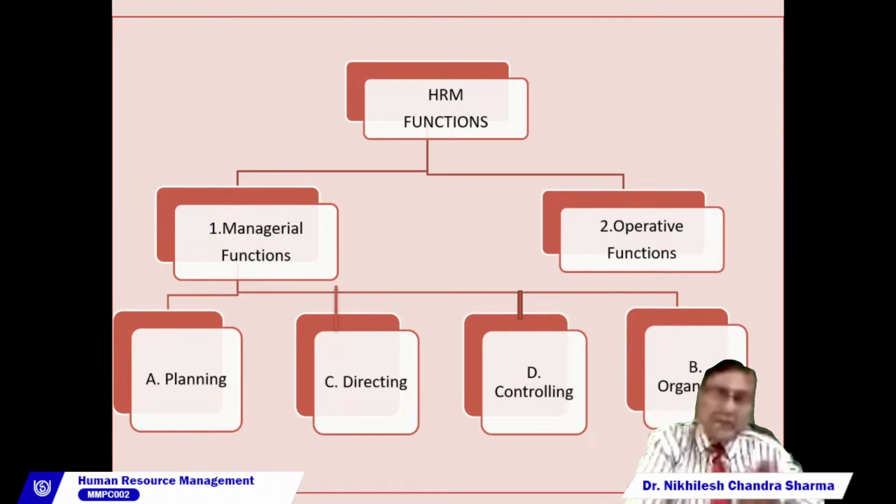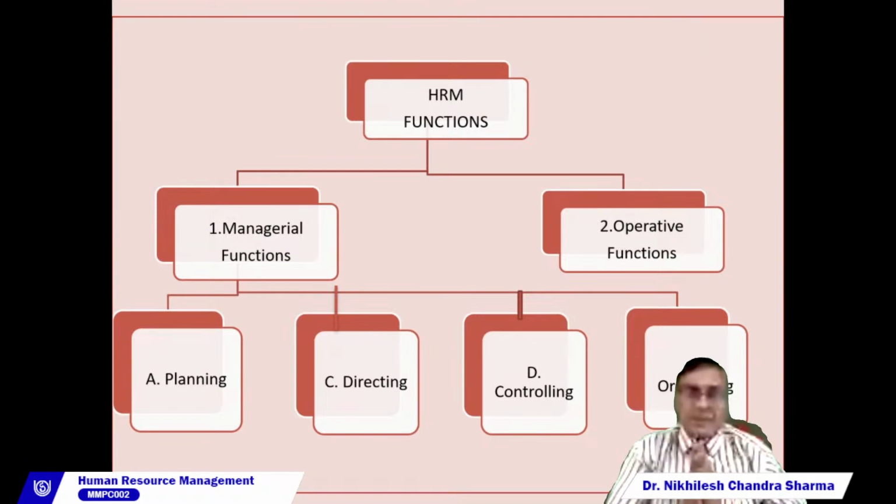So basically, any human resource manager will focus on these when they are part of the managerial functions. Planning is very essential and a very important part. Then organizing, how they will organize it, and then directions.